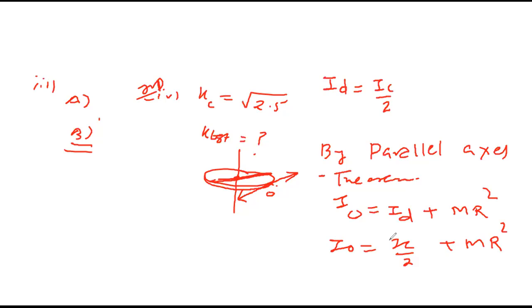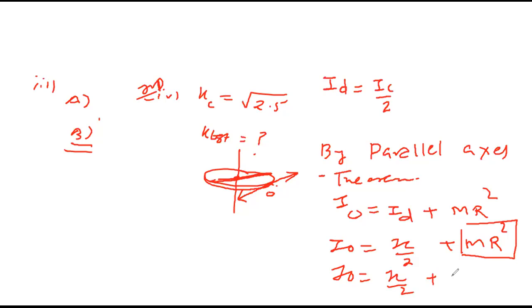We want the answer in terms of radius of gyration. So what will the radius of gyration about the tangent be? Till this line, any doubt? Now this MR square, for a disk, what is IC?